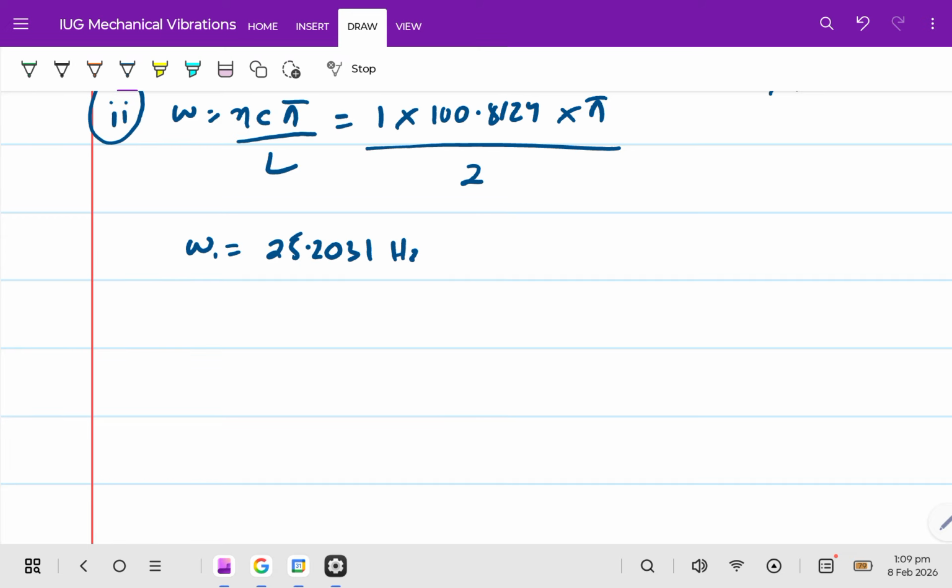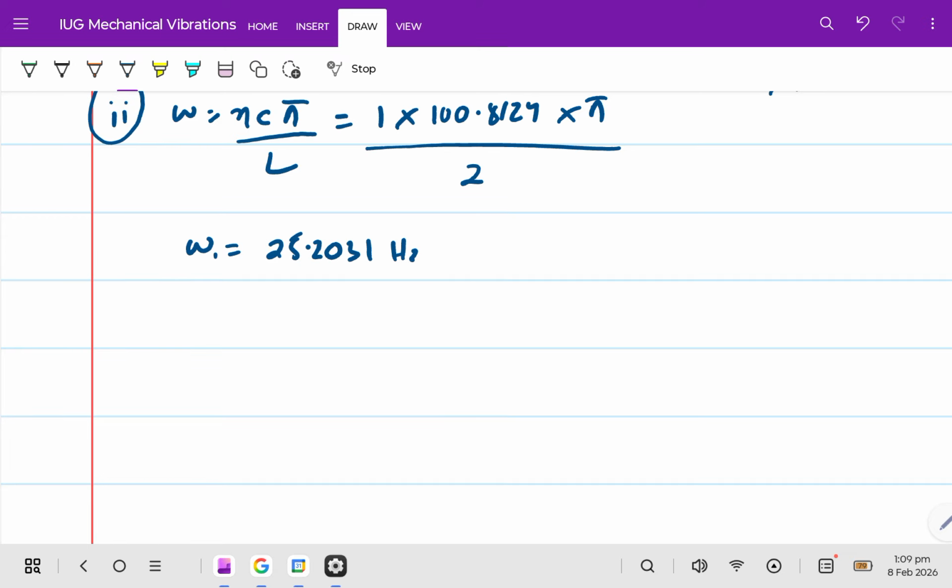Now moving towards the next one, it's a bit complex. So let's say, what do we have here? A cable of length L and mass rho per unit length is stretched under a tension P, and one end of the cable is connected to a mass M here, which can move in a frictionless slot.